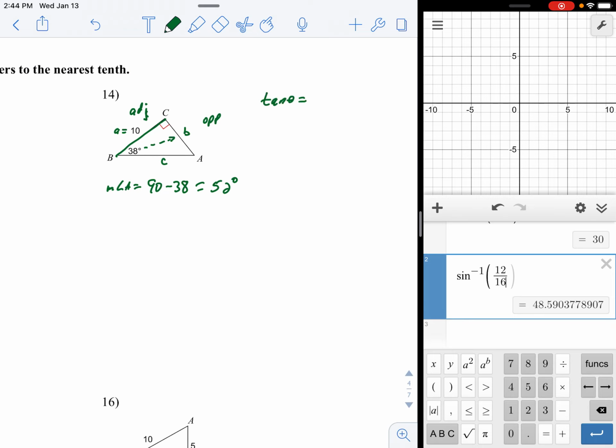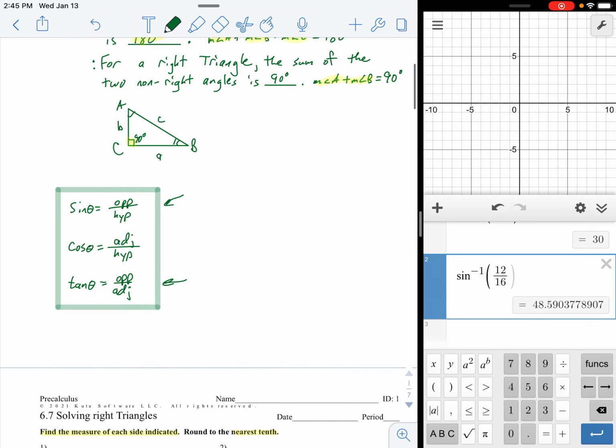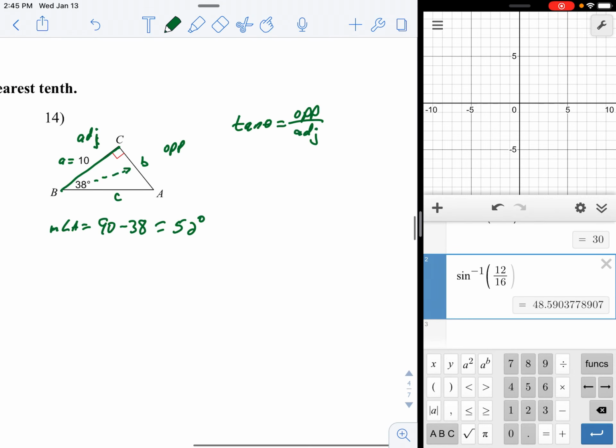Tangent of theta equals opposite over adjacent. And yes, you could scroll up and check the box to make sure if you need to. I didn't need to, I just knew it, so whatever. Okay, now fill in the numbers. Tangent of 38 equals opposite, which I'm going to use b, over adjacent, which is 10.